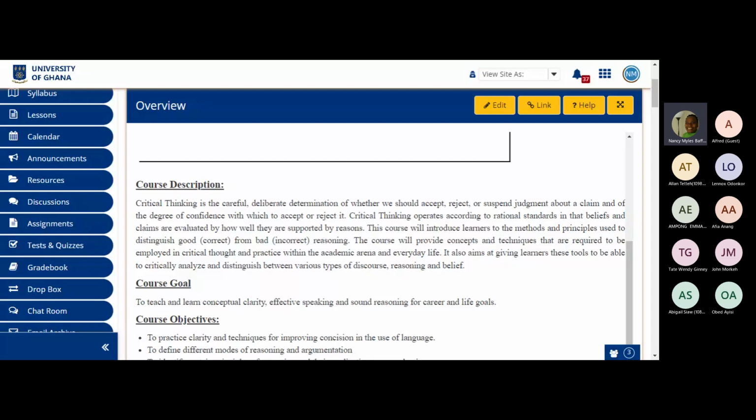Now, your ability to critically reflect and practically reason to solve problems of existence is what critical thinking seeks to equip you with. We'll go through the slides and see that you are not just being developed in your human skills: the skill of communication, effective communication, the skill of analysis.